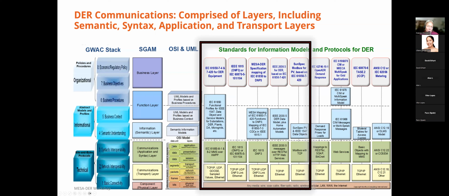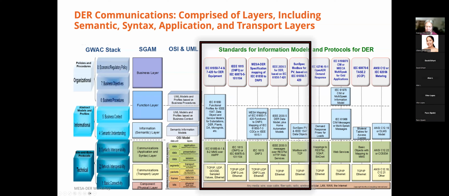But the thing that I want to point out here is you can see this is a stack, and the stack has different parts to it. And if you start at the bottom, you can see that there is media, wire, coax, the cloud actually. But if you look at the protocols, they first have the transport areas.